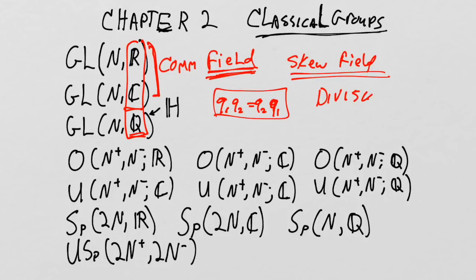A field is a division ring, but if it's a non-commutative division ring, that's something else. So regardless, what's important for our purposes in modern language is that we're dealing with non-commutative division rings. Gilmore calls them fields. Whatever. Okay, so we'll move on.